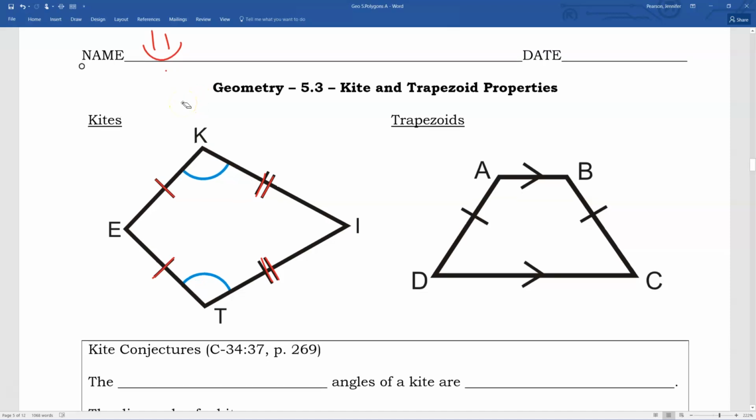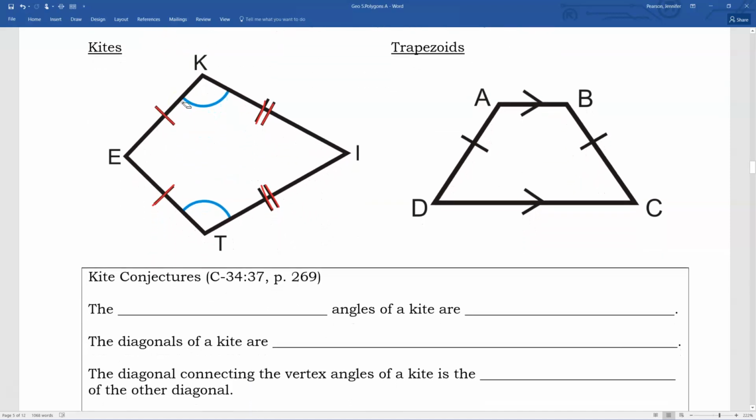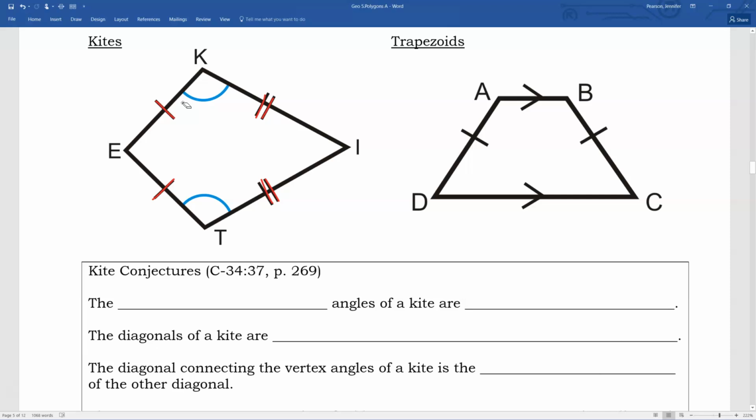Our kite conjectures state that the blank angles of a kite are blank. I think we're going to be talking about our non-vertex angles here. Okay, let's make sure I can get these. So this is angle K and this is angle T. Those are non-vertex angles and they are in fact congruent.